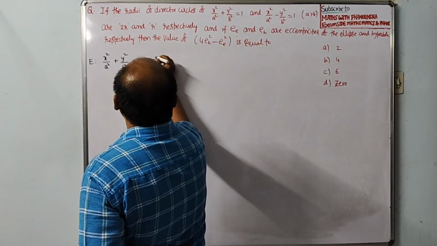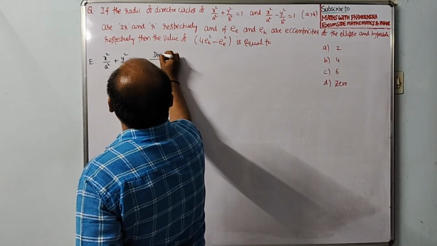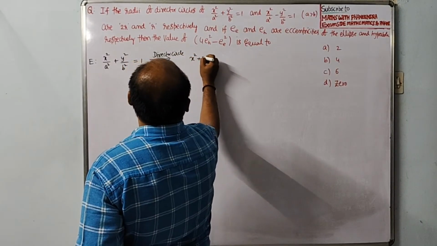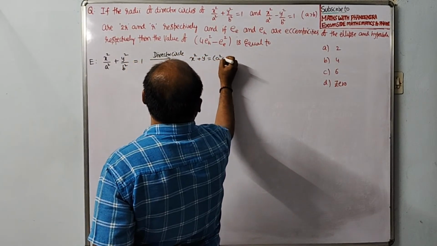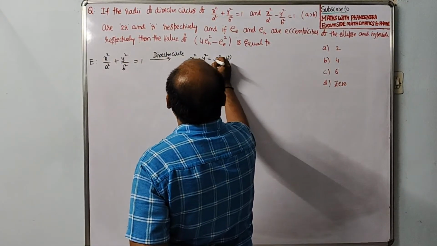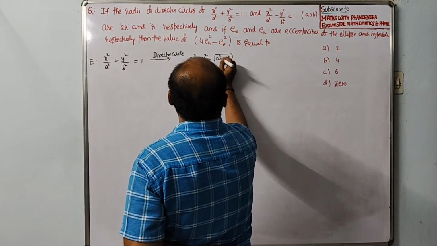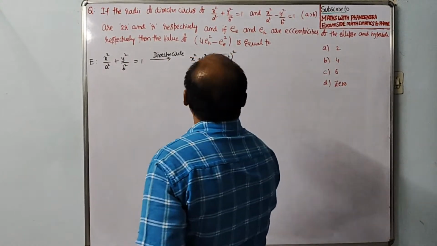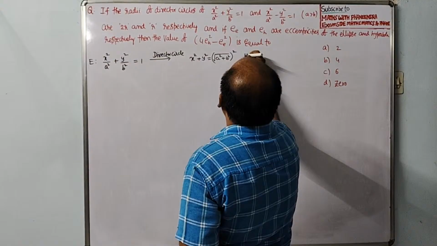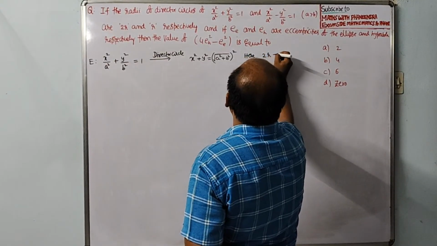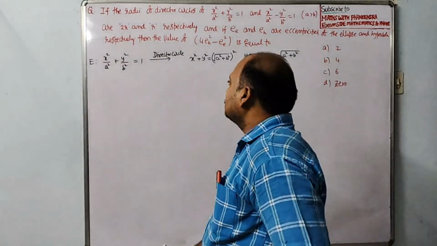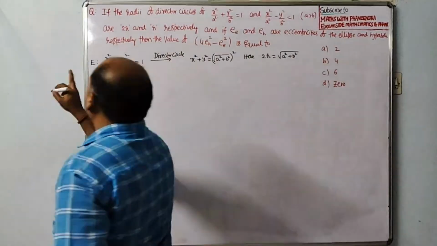For this director circle DC, x square plus y square is equal to a square plus b square. So this radius is equal to 2r here. 2r is equal to root over a square plus b square. Okay, radius of director circle of ellipse.